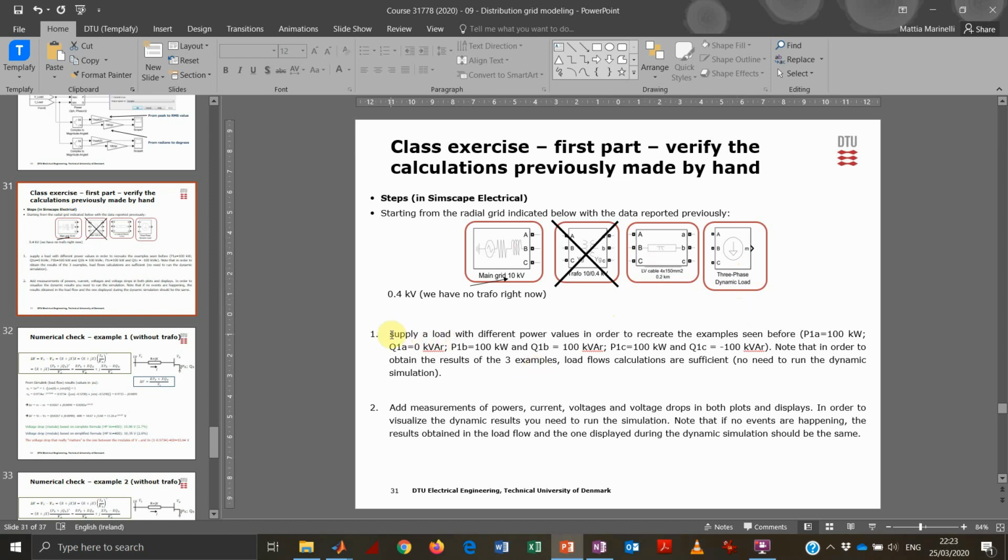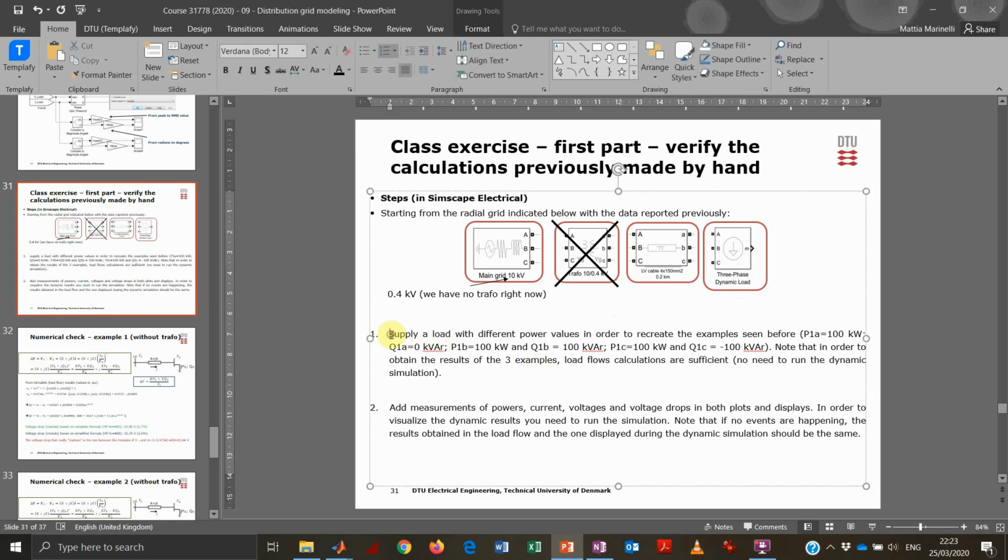So in the numerical example that we discussed last week, we had basically three cases that we wanted to analyze. The first one was a pure active power load, 100 kilowatt and no kilovar. The second, let's say half active power and half reactive power, so 100 kilowatt and 100 kilovolt ampere reactive.